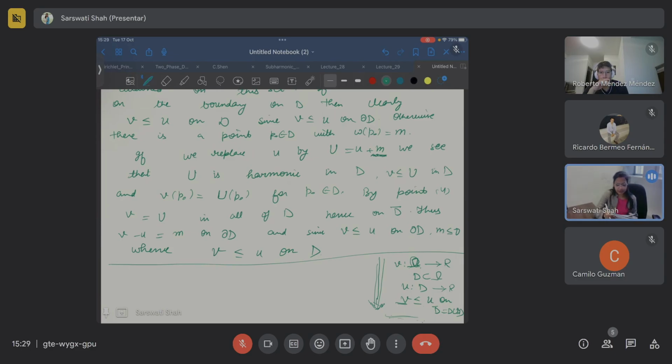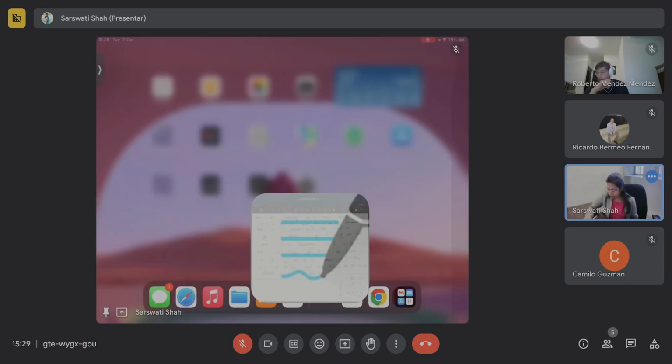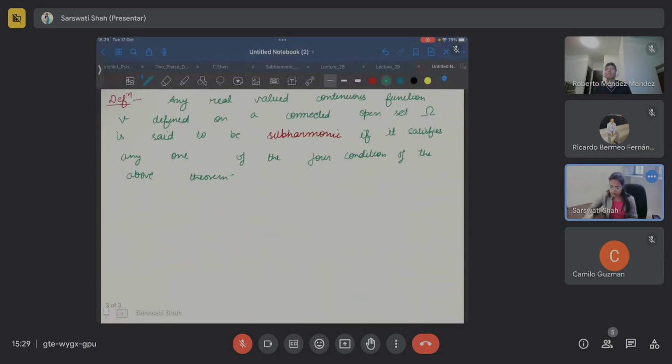So, maximum principles for subharmonic functions. This is a theorem, but we are not going to see the proof of this theorem. Maximum principle for subharmonic function.